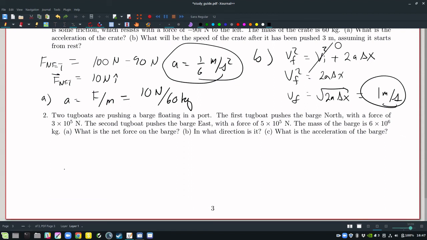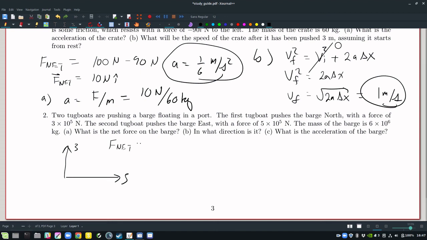Finally, 2 tugboats are pushing a barge floating in a port. One tugboat pushes the barge north with a force of 3 times 100,000 newtons, and the other one pushes east with a force of 5 times 100,000 newtons. And then we're given the mass. So what's the net force on the barge?